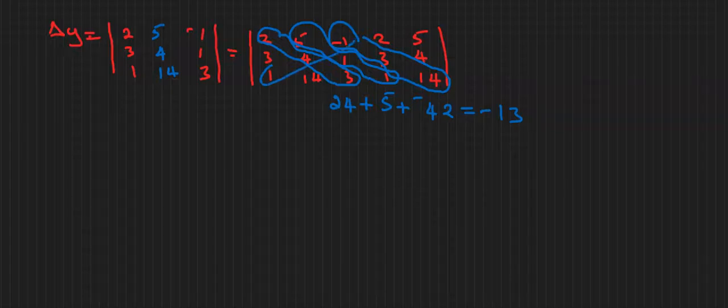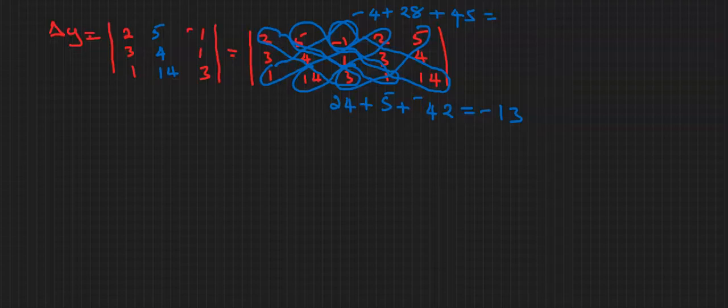Then repeat on the other side. 1 times negative 1 times 4 gives us negative 4, plus 14 times 1 times 2, that is plus 28, plus 3 times 3 times 5, 45. And this will give you negative 4 plus 28 plus 45, 69.